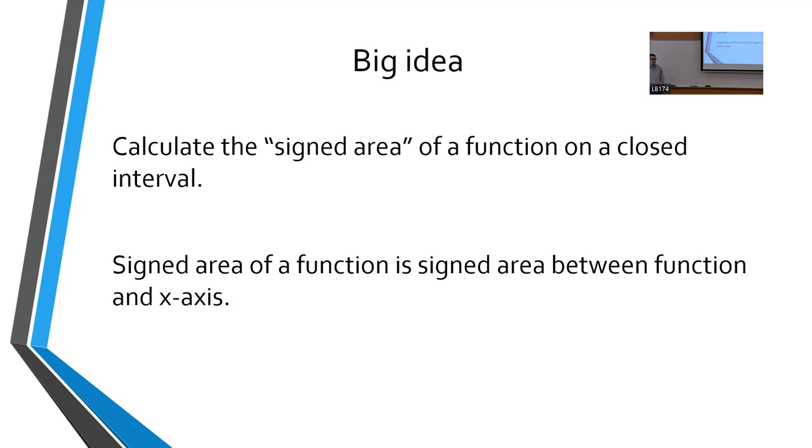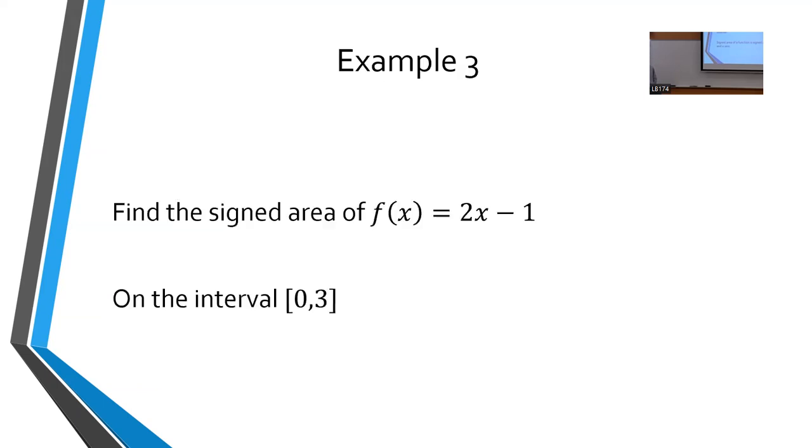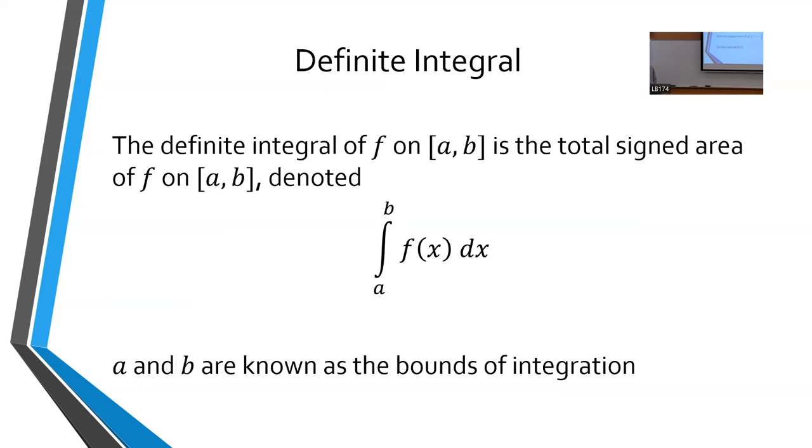If the function is below the x-axis, it's going to be counted as negative. And if it's partially above, pieces that are above are going to be counted as positive, and partially below, pieces that are below are going to be counted as negative. That's the big idea.